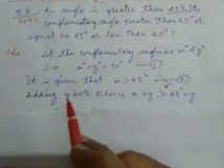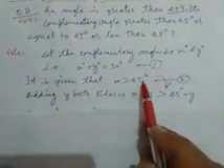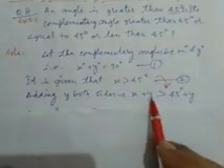Now with the help of these two we calculate something. Adding y on both sides, so there is no change. This becomes x plus y greater than 45 degrees plus y.